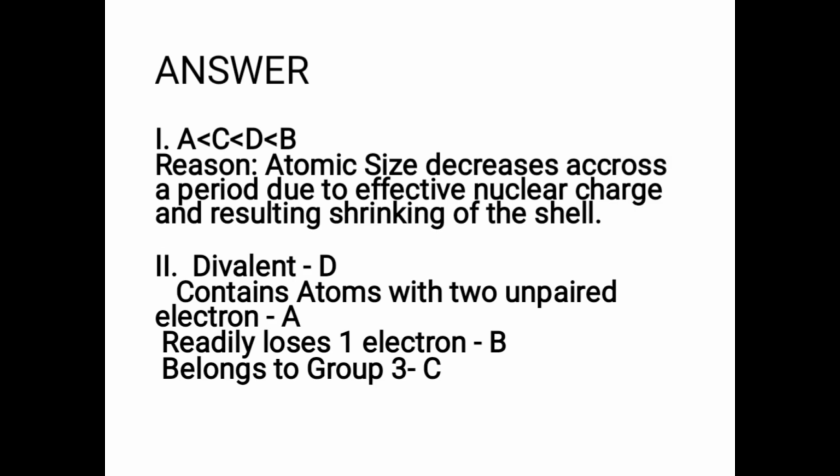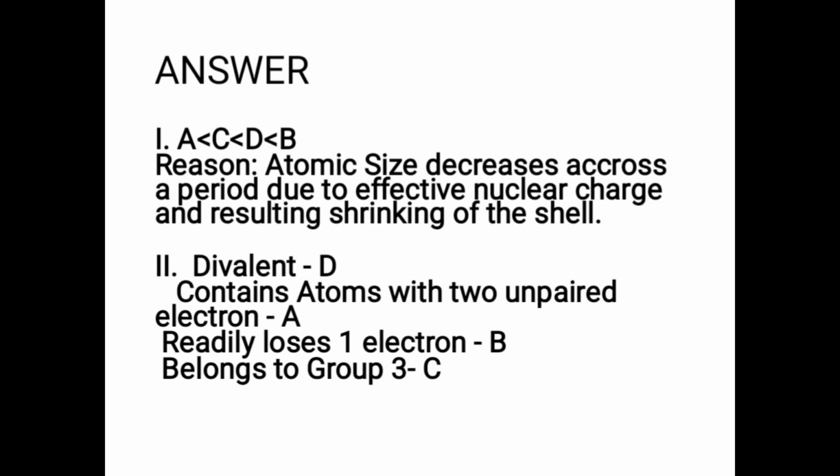The shrinking of the shell is as a result of the effective nuclear charge. More electrons are coming without increase in number of shells. So the attraction of the nucleus to the electrons that are coming will be greater, and as a result, the shell will be shrinking.